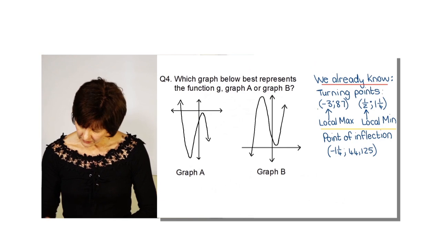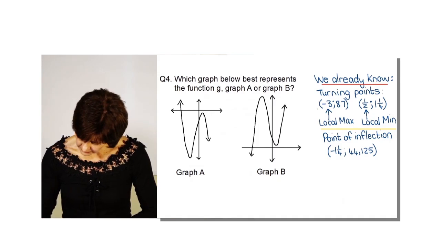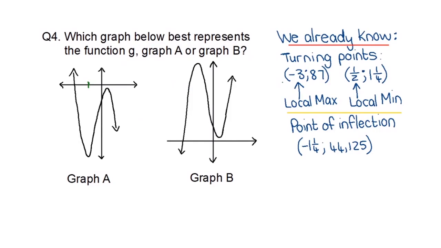So let's see, if we take what we have, we said here, the point negative 3, 87 is a turning point. So negative 3 must be on this side of the x-axis because it's negative. The other x value of a turning point must be a half, which will be here. And with negative 3, we actually had a y value of 87, which we can see it can't be here on the negative side of the y-axis.